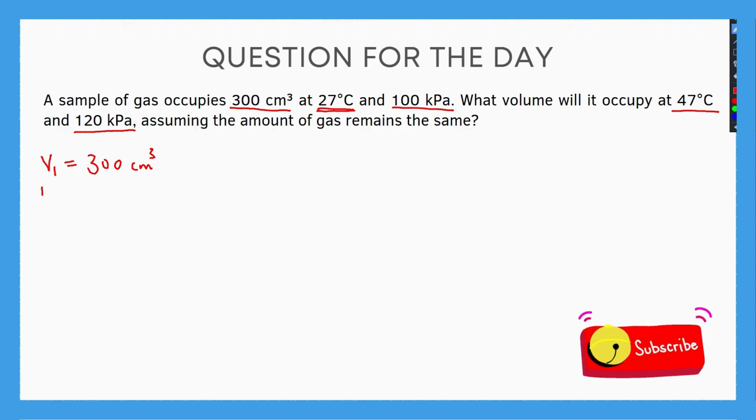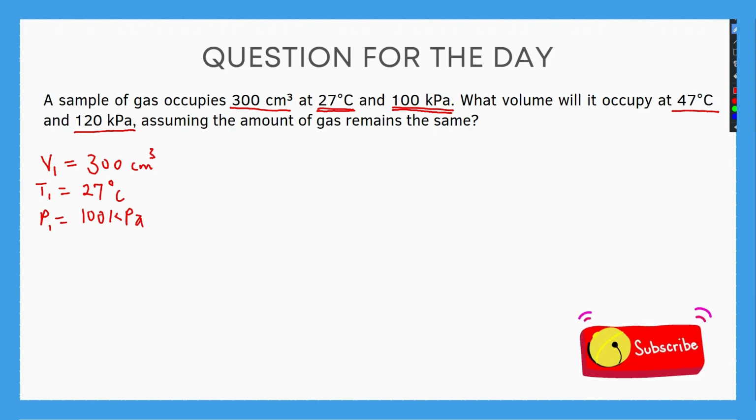So the first temperature T1 will be 27 degrees Celsius. The next thing they told us is that it occupies that at a pressure of 100 kilopascals. So the first pressure P1 will be equal to 100 kPa.